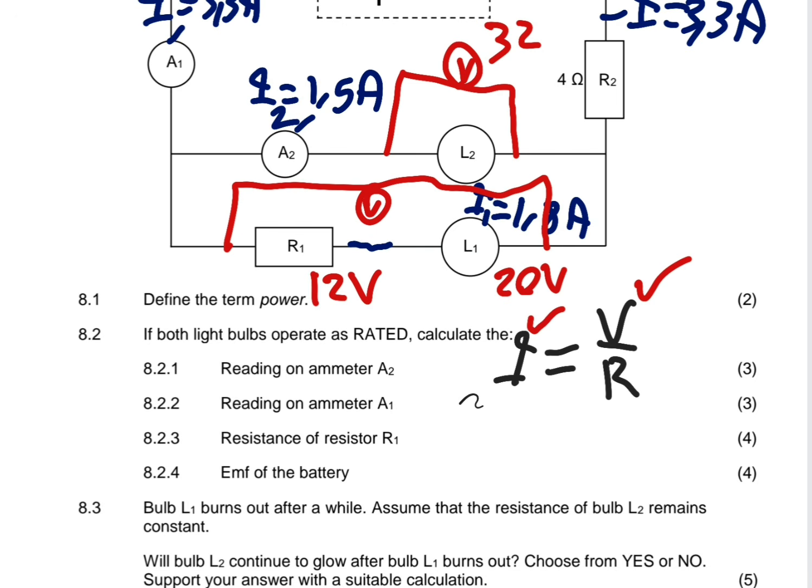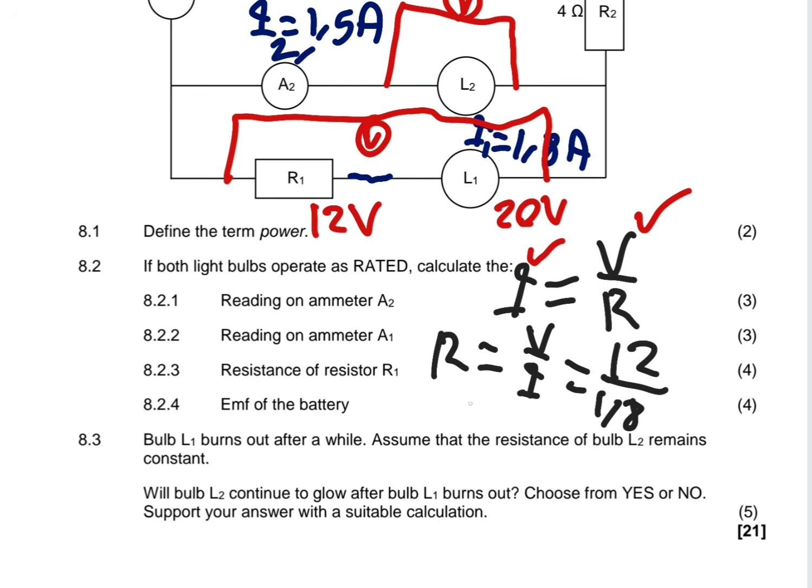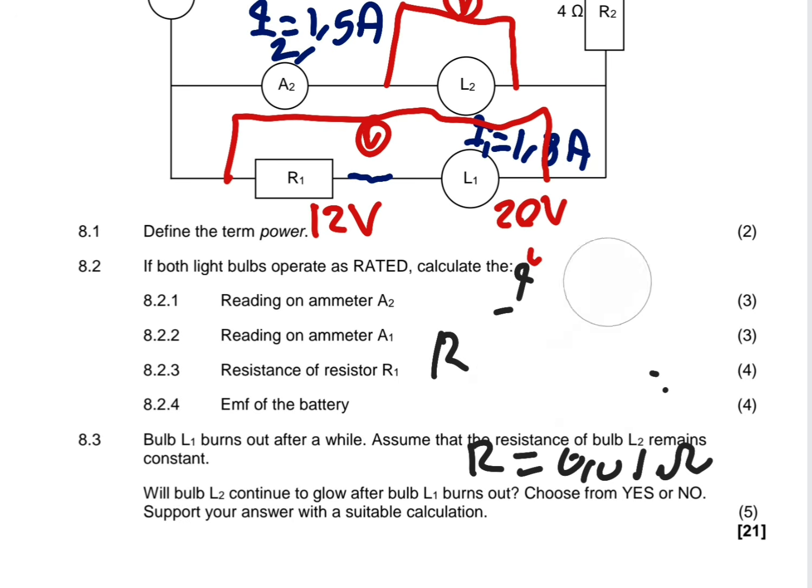So the resistance is equal to V over I, which is 12 over 1,8. So R is equal to 6,67 ohms. Okay, then we can remove all this.